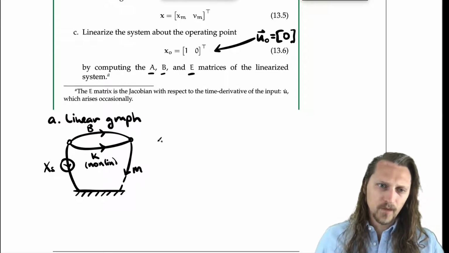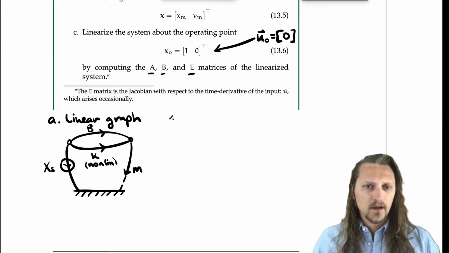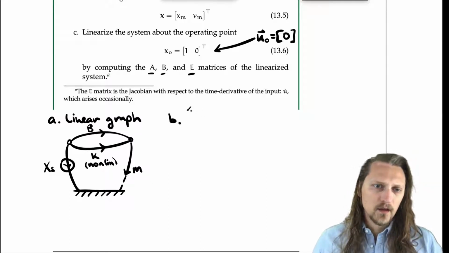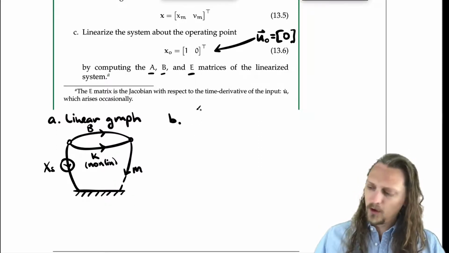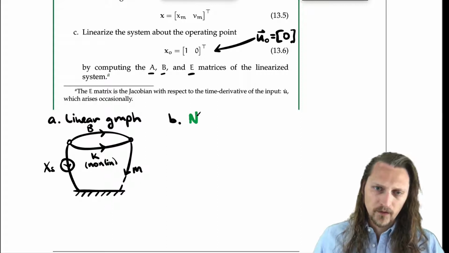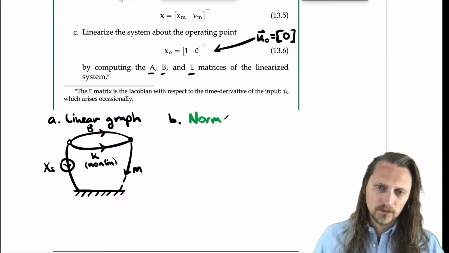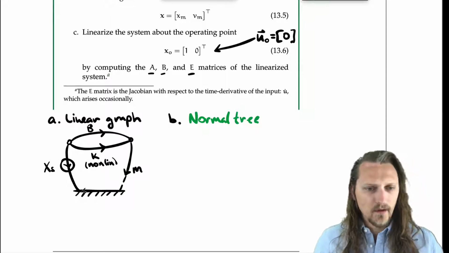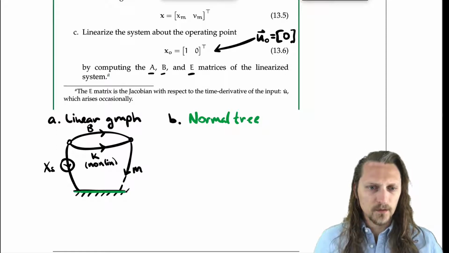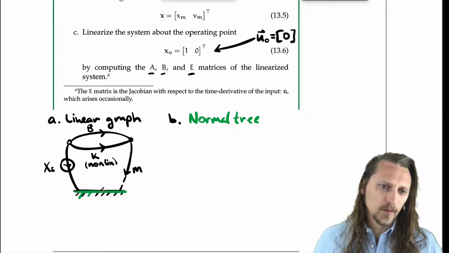And in part B, we want to derive a state space model from the linear graph model. So let's do the normal tree, even though we're not going to use it to its full extent due to something that we'll cover in a moment.